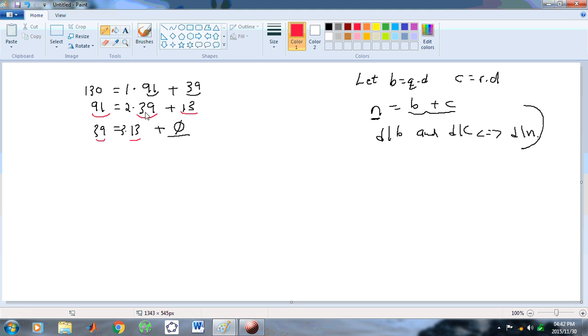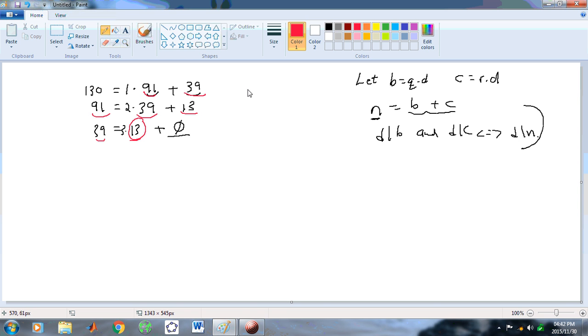Because it divides 13 and 39. So we percolate our way up again and we find, this is the greatest common divisor. Okay, the one that we have right at the end with the zero remainder is the greatest common divisor because it will go into every single one of these. Right? Does that make sense?